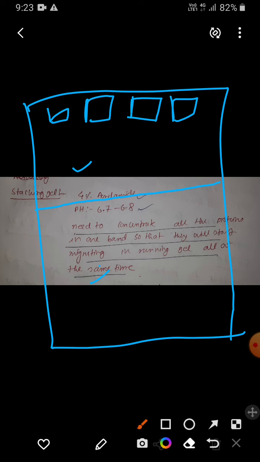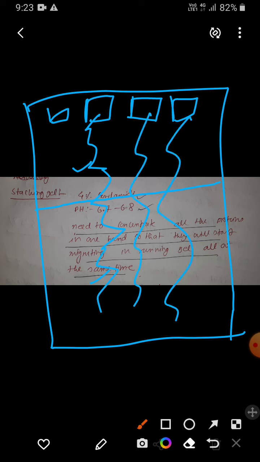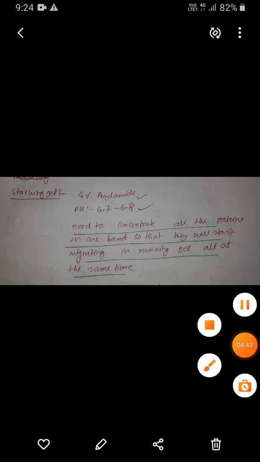Now the question is why the stacking gel is necessary, because remember, if we use a continuous gel then the protein separation will be haphazard. So our idea is to concentrate all the proteins in one band before their separation in the running gel. That is why we use the stacking gel, whose pore size is greater than the resolving gel.